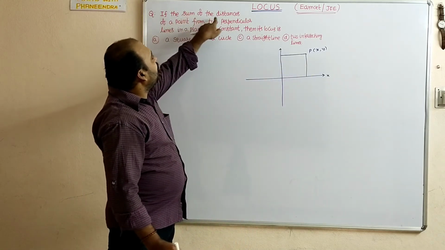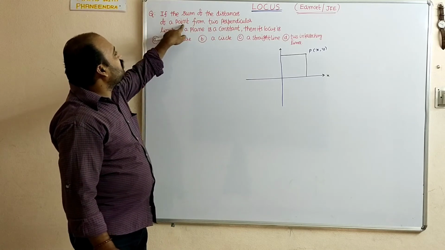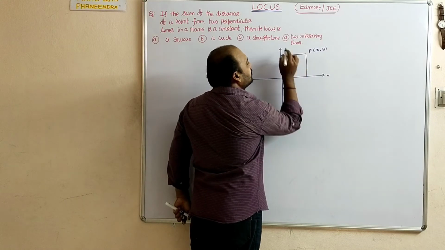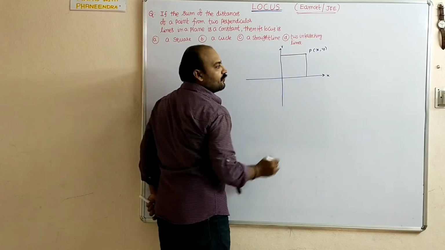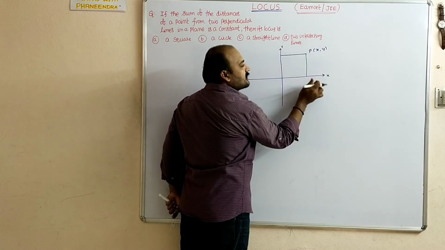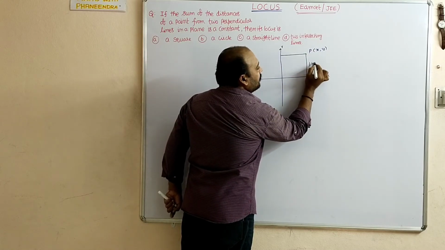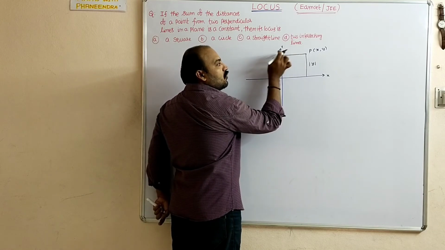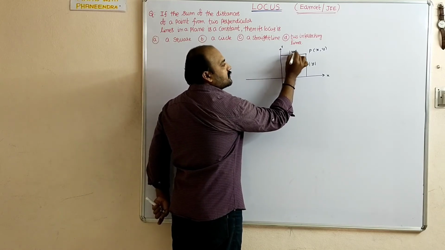The sum of the distances of a point from two perpendicular lines, that means one is the x-axis, another one is the y-axis. We know that the distance from point P to the x-axis is mod y. Similarly, the distance from point P to the y-axis is mod x.